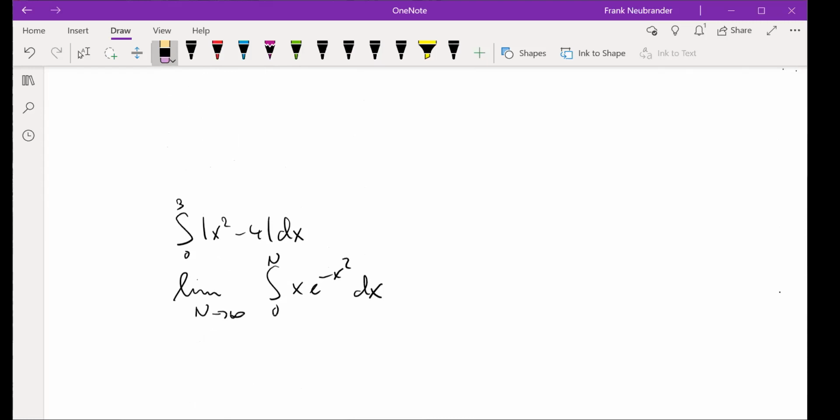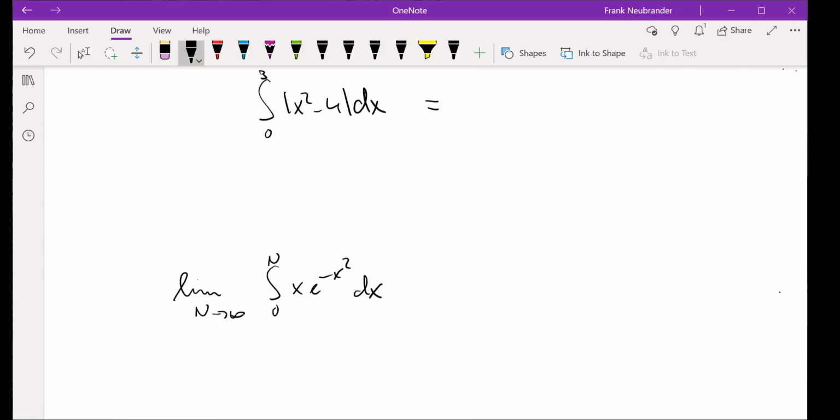So the next problem now is the integral from 0 to 3 of the absolute value of x squared minus 4 dx. Whenever you see an absolute value sign in an integral, that's a rule, you have to figure out where the function that is inside the absolute value sign is positive or negative.